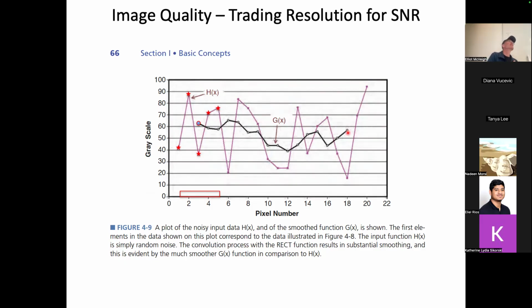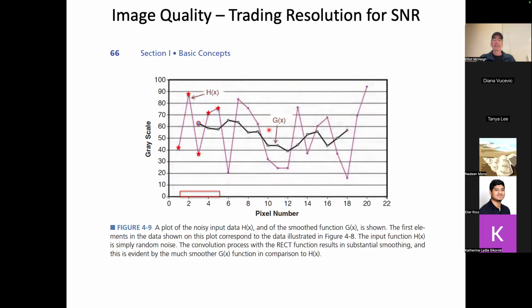Sure, it's a good question. The question is, is there a limit to how much smoothing you can do? And yes, there is.